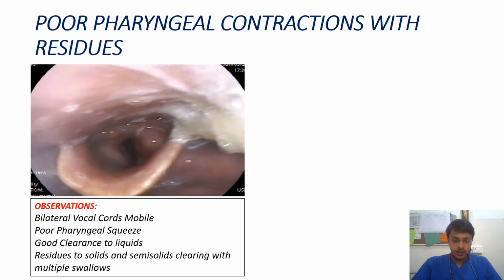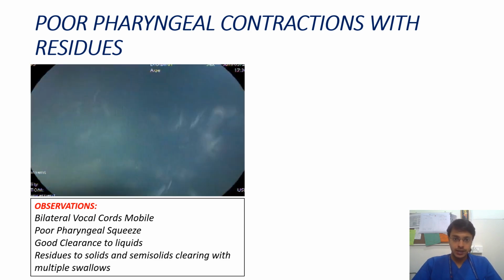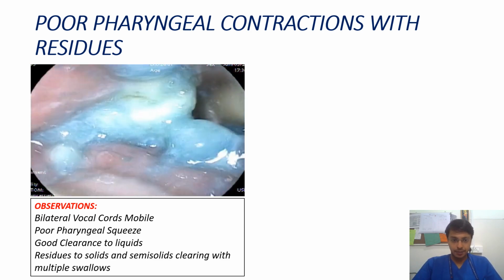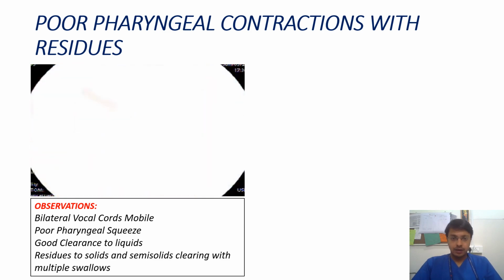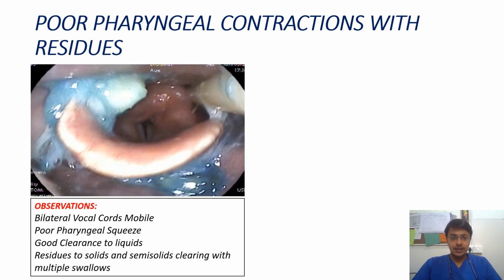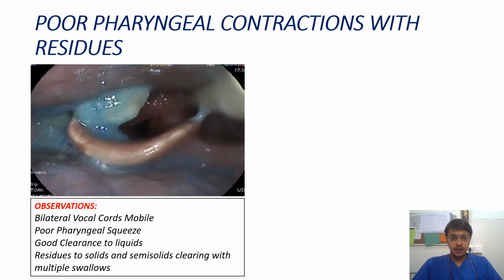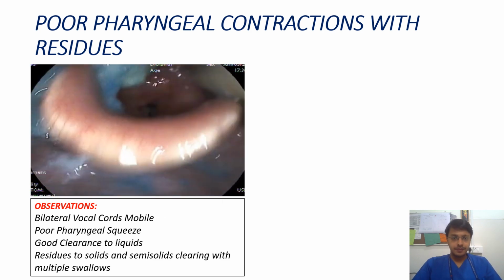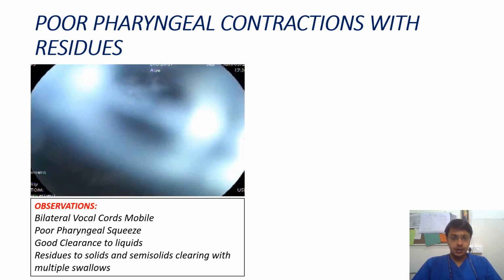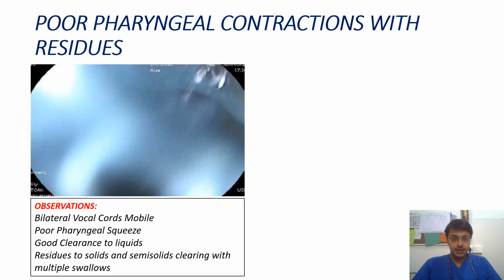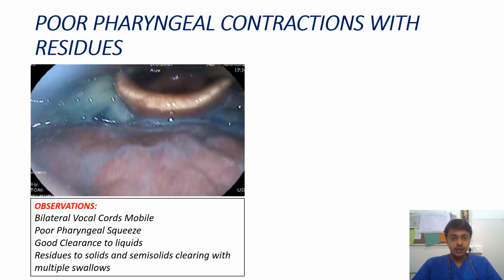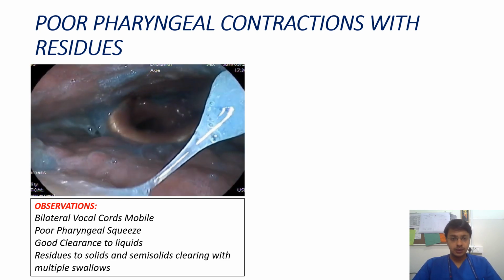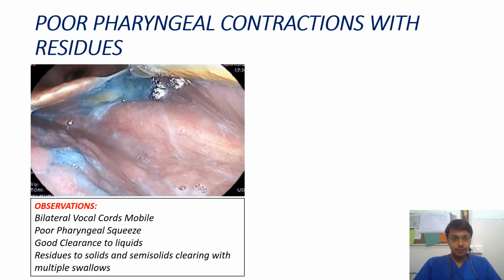On taking liquids, we can see good clearance of liquids with no penetration or aspiration happening. However, when the patient starts taking semi-solids, he is not able to swallow them due to a poor pharyngeal squeeze, leading to multiple residues in the vallecula and the piriform sinuses.